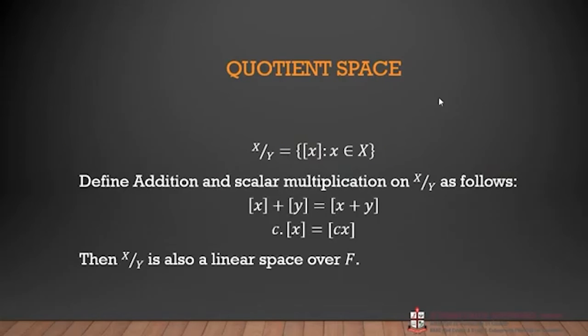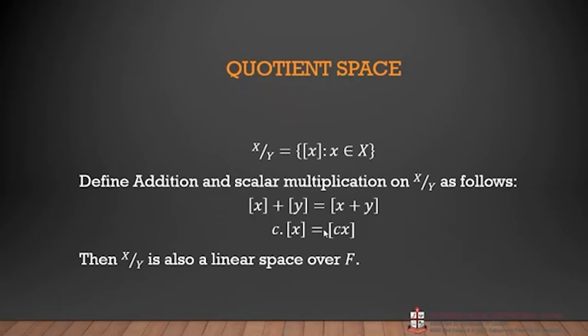Now, the quotient space, we denote it by X over Y. Here X is a linear space, Y is a linear subspace of X, and X over Y is the collection of all class x where x is an element of capital X. x varies over capital X. And in this set, we will define two operations, addition and scalar multiplication, as follows.